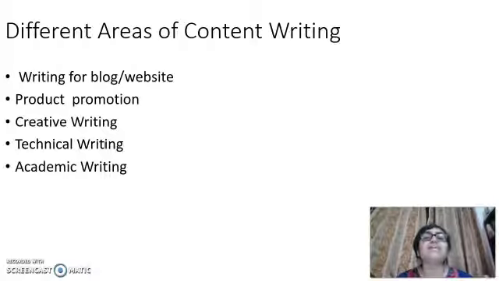Technical writing can be in any field, like technology, software, or pure science, any field where you're specific to the subject and you're writing about that subject in a detailed manner, using the language of that subject, the lingo and the jargon.